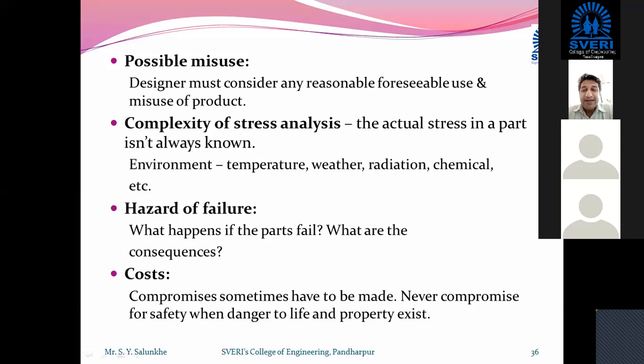He considered 1200 kg converted into Newton. That much force is coming on that footrest and it becomes very rigid. Afterwards the complaints coming from the customer stopped. Okay, this is an example of possible misuse which that designer has to consider.